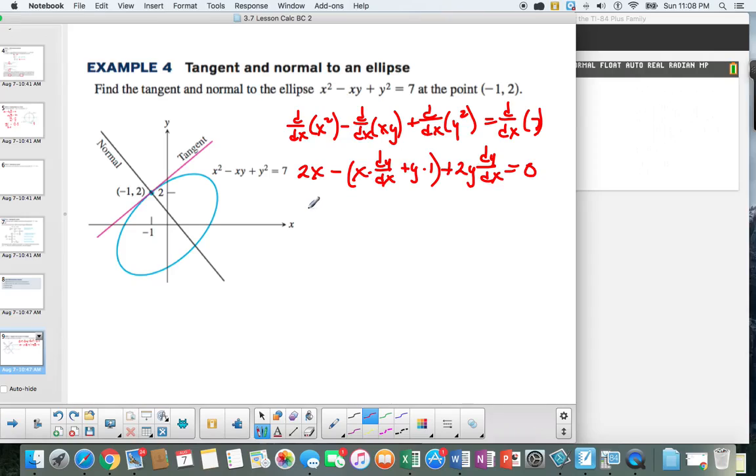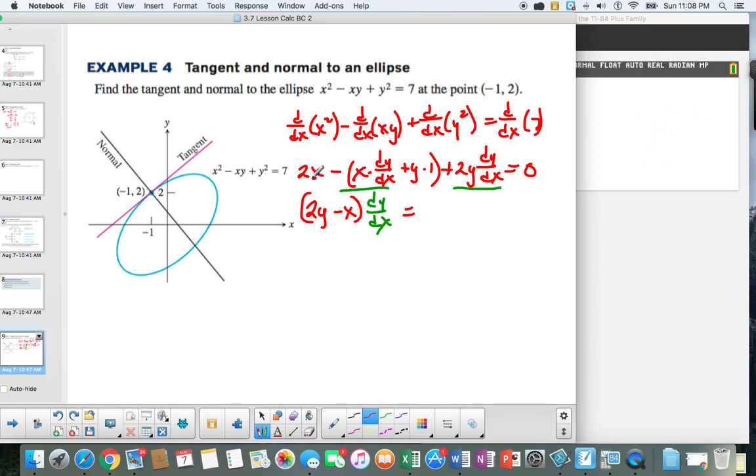So this is going to be 2y minus x. It's these terms right here, this term here and this term here, and they're going to be multiplied by dy/dx.